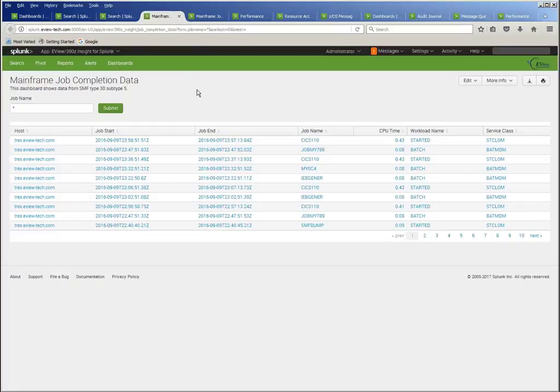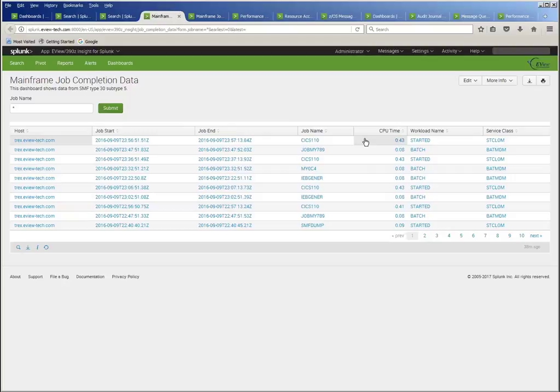Another area for SMF data that many customers want to look at is what jobs are running, how often they're running, how long they're running. So this particular dashboard is looking at individual job information, where we're looking at jobs, when they started, when they ended, how much CPU time they used.